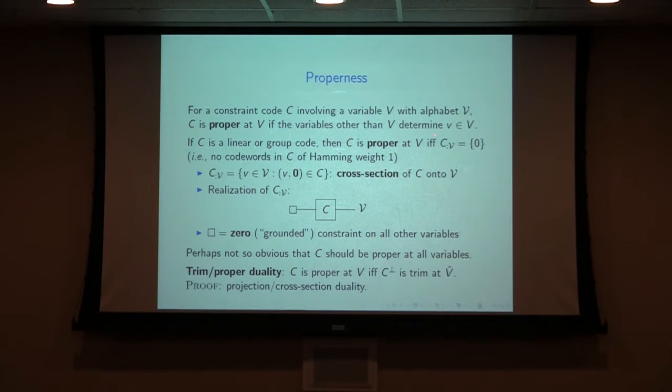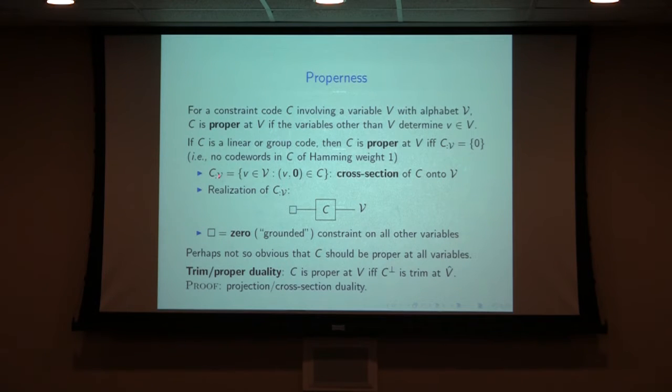So how do we state that mathematically? We say the cross-section of C on V, which is defined as the set of all values of V that are compatible with 0 in all the other values. That's the definition of a cross-section. You set all the other variables equal to 0, and you take a cross-section of V with all the other variables set equal to 0.